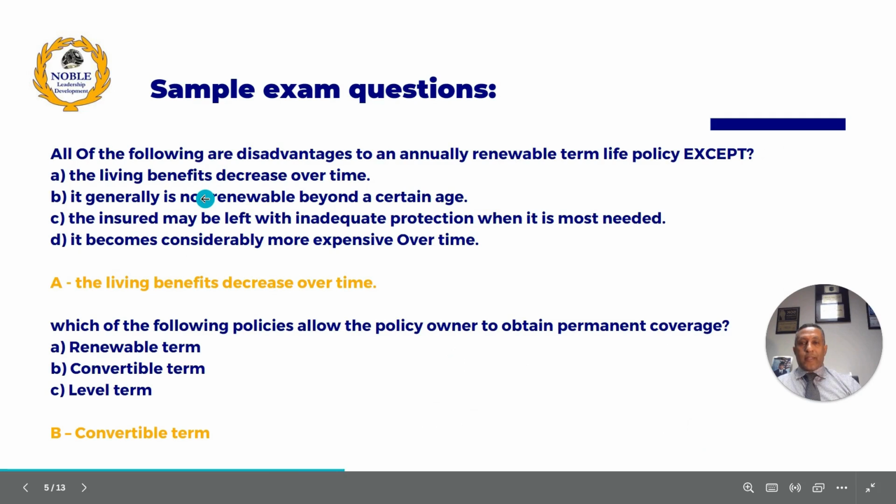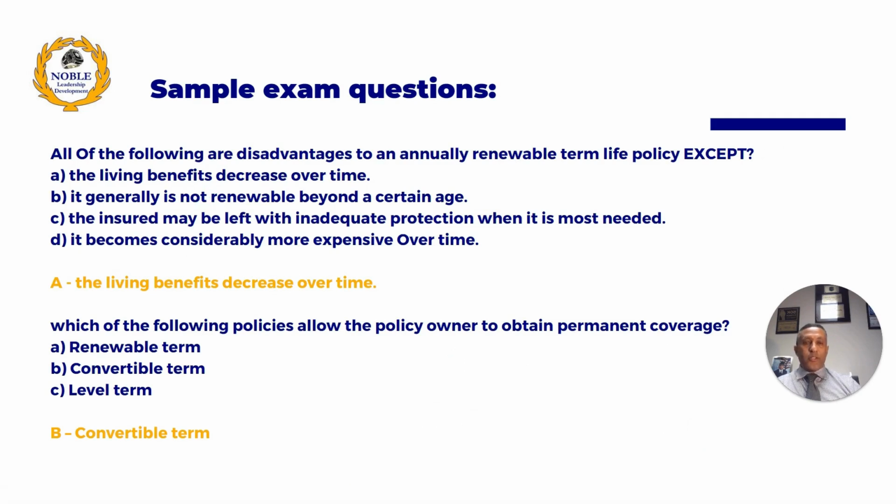All of the following are disadvantages of an annually renewable term life policy, except. They love "except" on the exam, so you should pay attention not to make a mistake on something that you know. All of these are disadvantages of an annually renewable term life insurance policy.